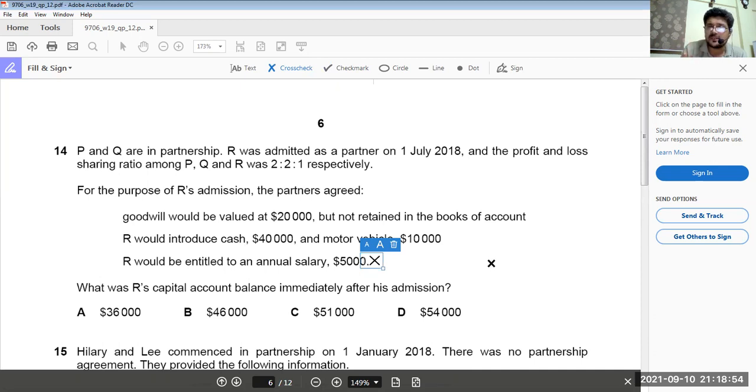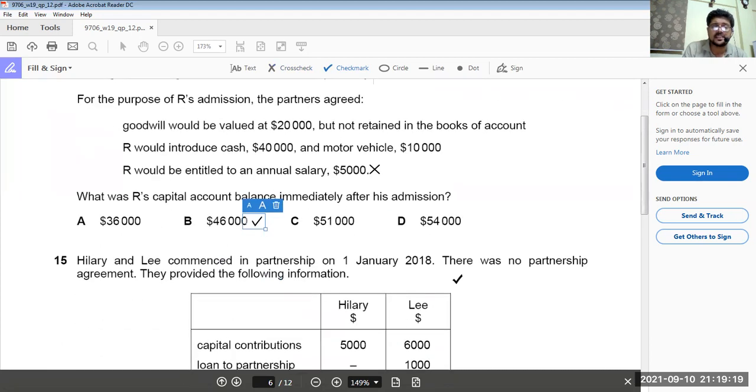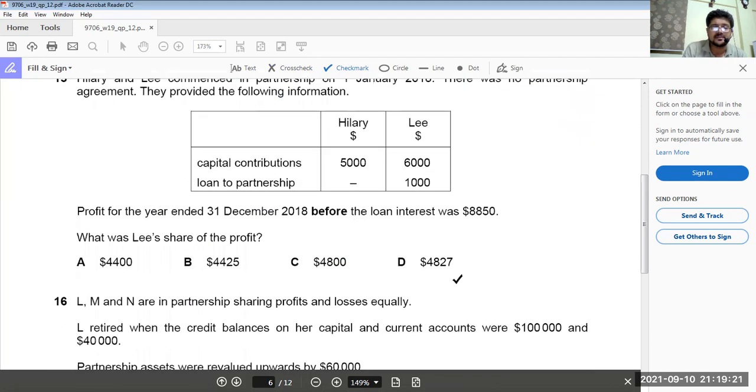So his share of goodwill is 4,000. So while removing goodwill from the books, all partners' accounts are going to be debited, meaning decreasing. So his total investment is 50,000 minus 4,000, the goodwill he will contribute. His capital account balance at the start now is 46,000. Option B is the answer.